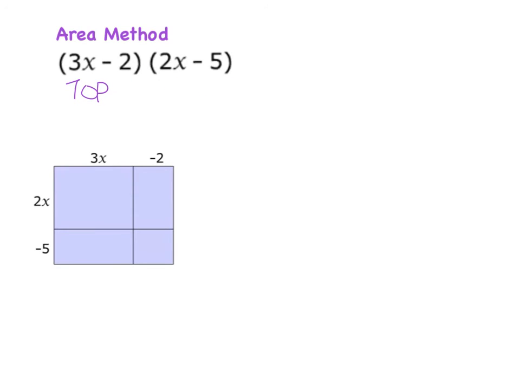All right, so I'll just write side here so that we know where that goes. Okay, and I'm now going to do the box multiplication. So essentially what I was doing back in first year. And how I do that is I multiply this term by this term to fill in this box here. So we have 2x times 3x, or 2x multiplied by 3x, and that will give me 6x squared.